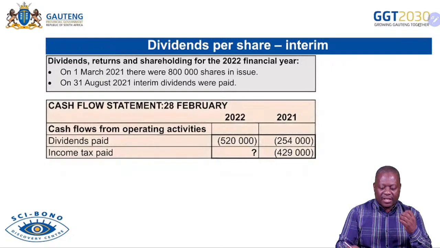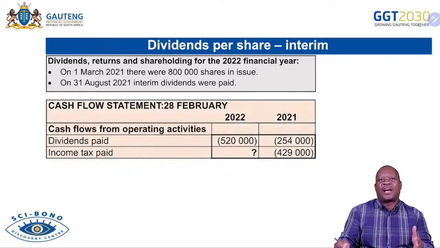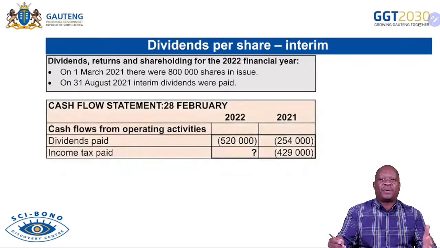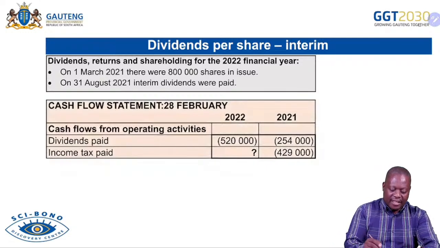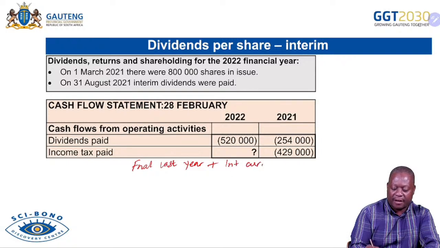Guys, boys and girls, do you still remember how we come up with this figure? We can prepare our dividend paid notes, but another easy way is just to say it is made up of the final from the previous year. I call it the final last year plus the interim current year.